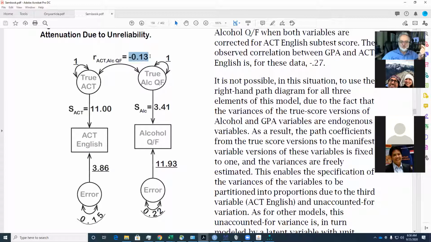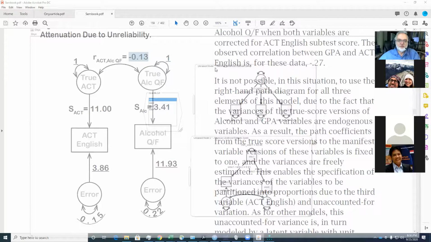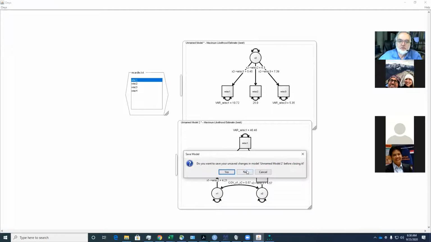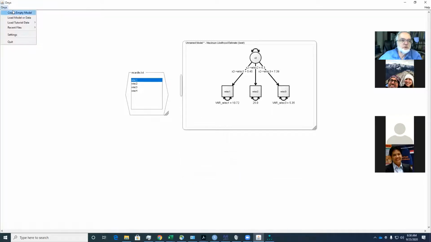And the other issue that is a problem for us is in the context of a two predictor regression equation. Let me just close this model out and open up something else here.